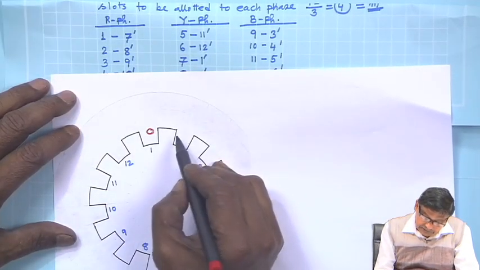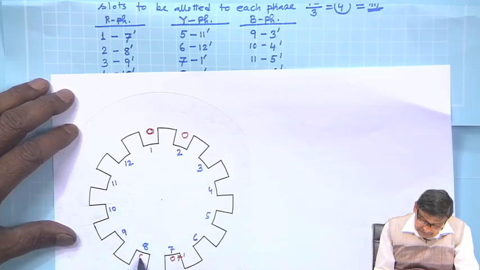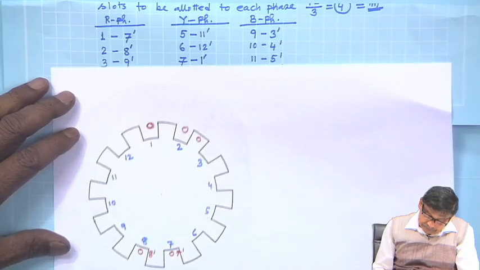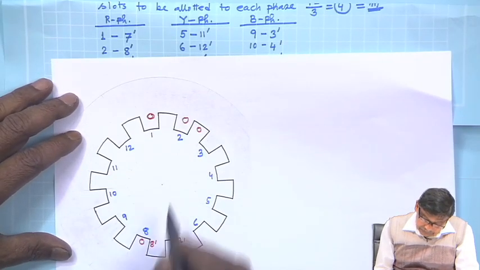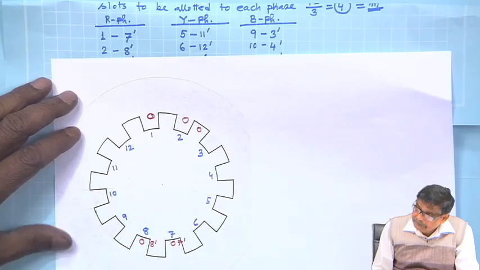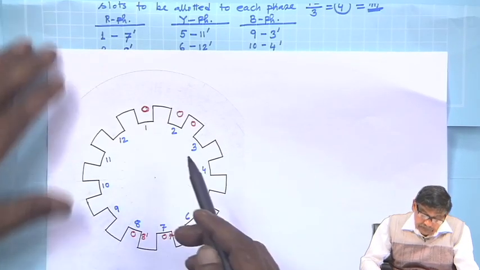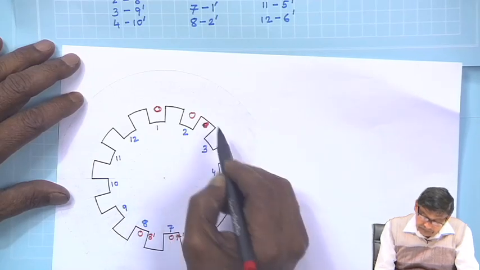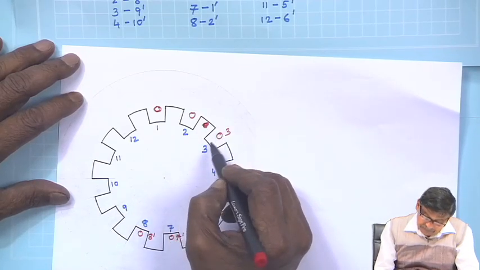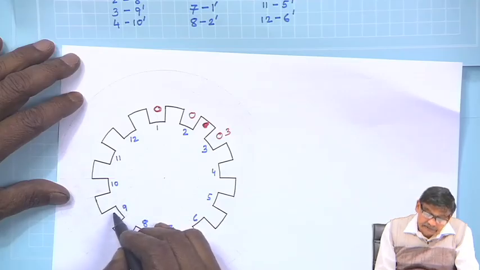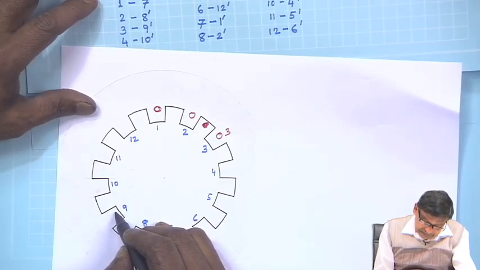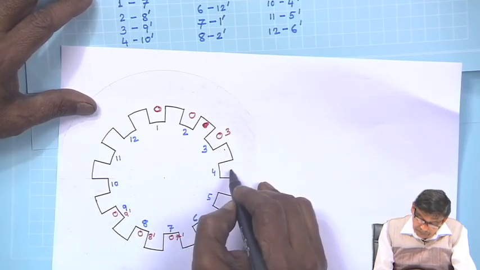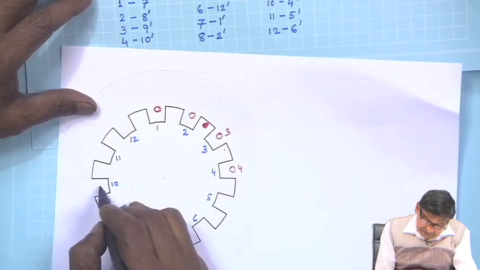Then 2-8 dashed, then 3-9 dashed, sorry, and 4-10 dashed.